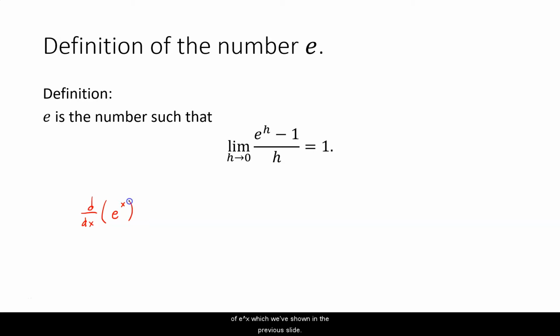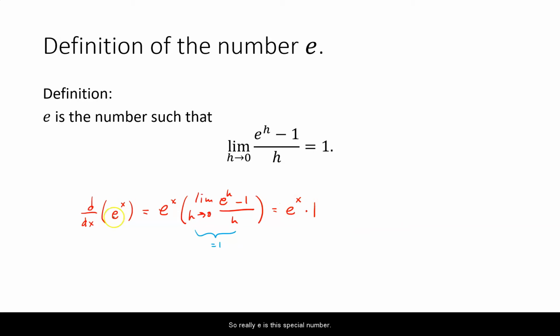So the derivative of e to the x, which we've shown in the previous slide, is equal to e to the x times the limit as h approaches 0 of e to the h minus 1 over h. If this is going to equal 1, then the derivative of e to the x is just e to the x times 1. So really, e is this special number whose derivative is equal to itself.